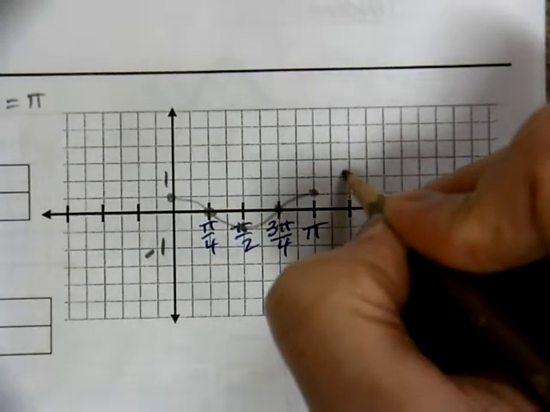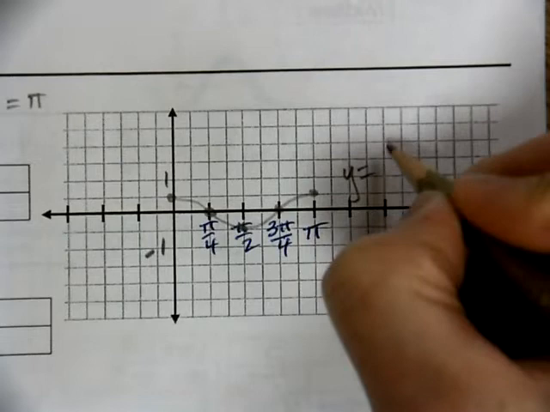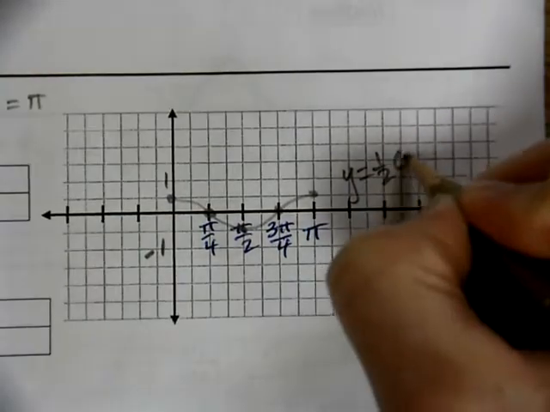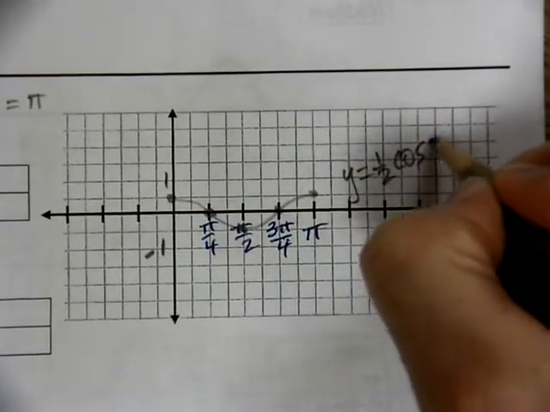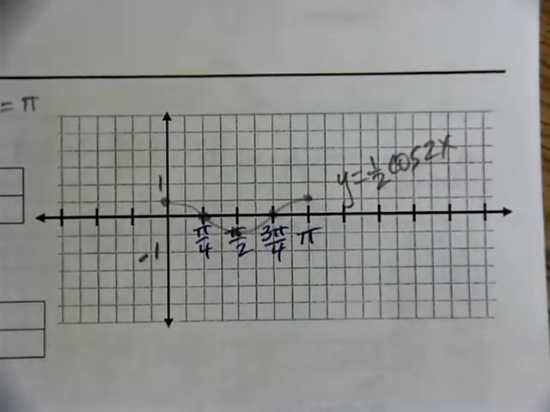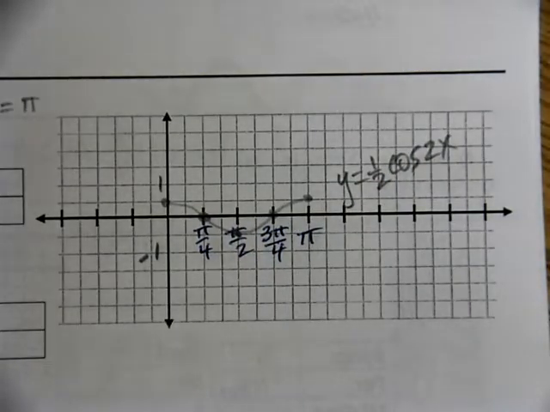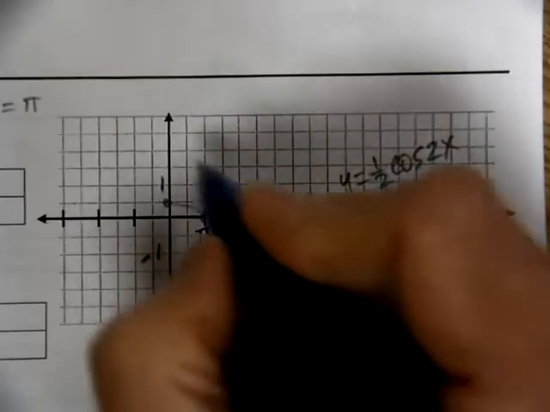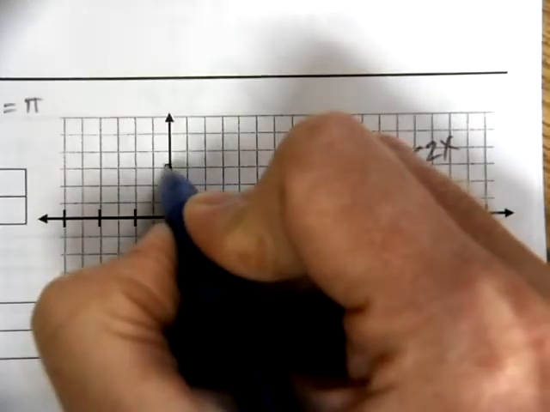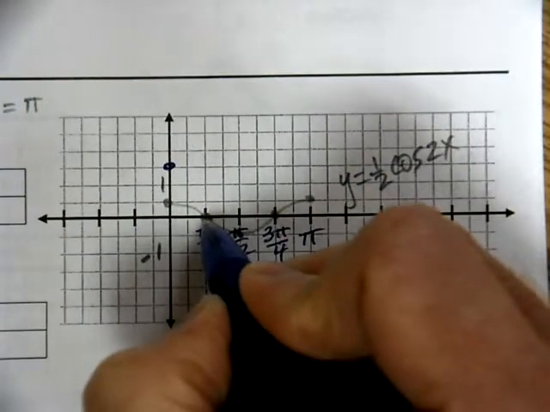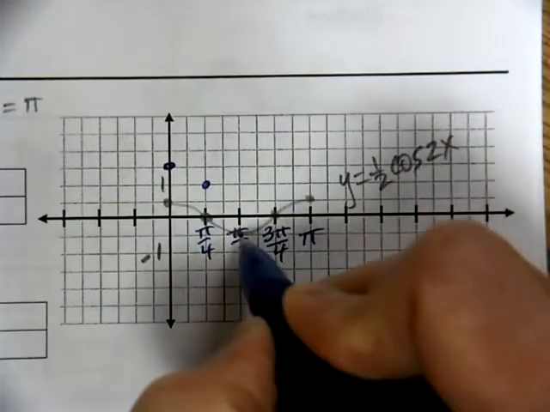So this is going to be y equals half cosine of 2x. And then we're going to translate this graph up 1. Each line is a half, so we have to go up 2 halves.